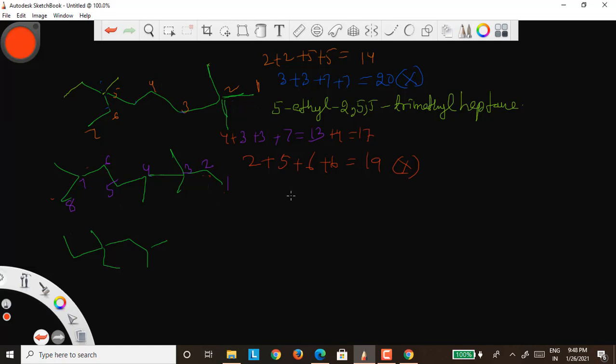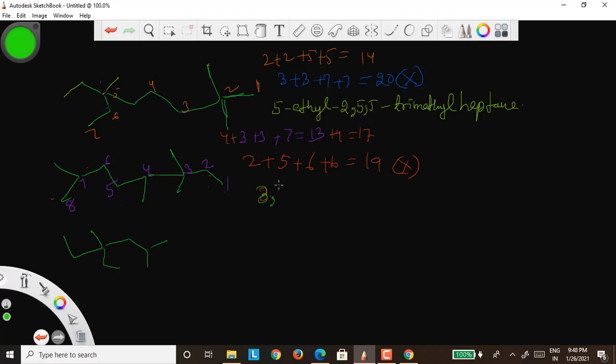If it is correct, then how to name? So 3,3 dimethyl, 4 methyl, and 7 methyl. So you have so many methyls: 1, 2, 3, 4 methyls. So tetramethyl. But it should be numbered. So tetramethyl numbers are 3, 3. Wait 1 second.